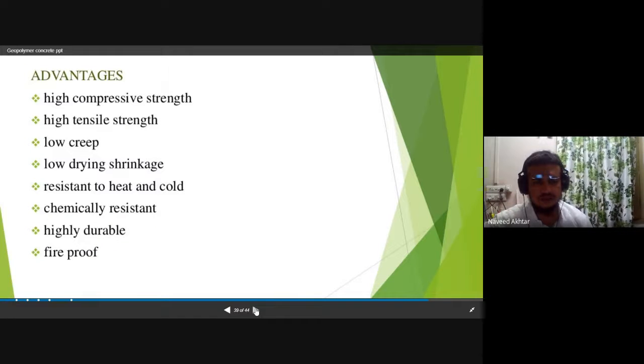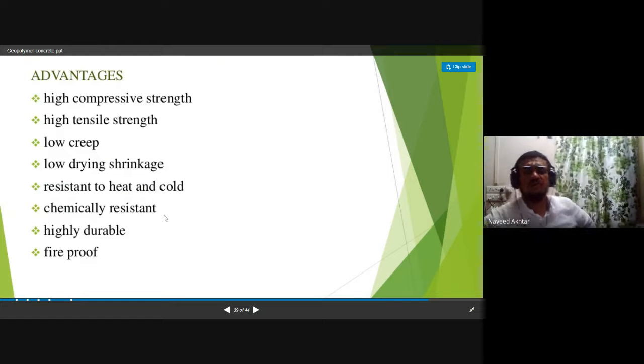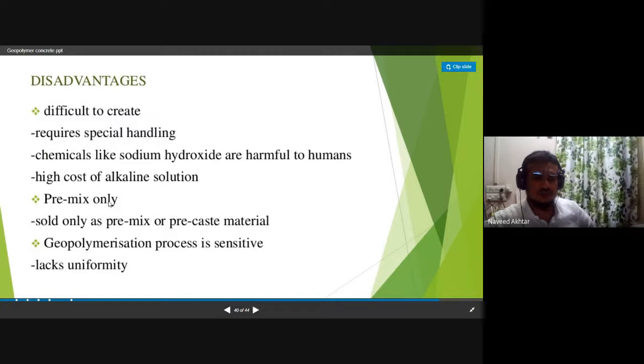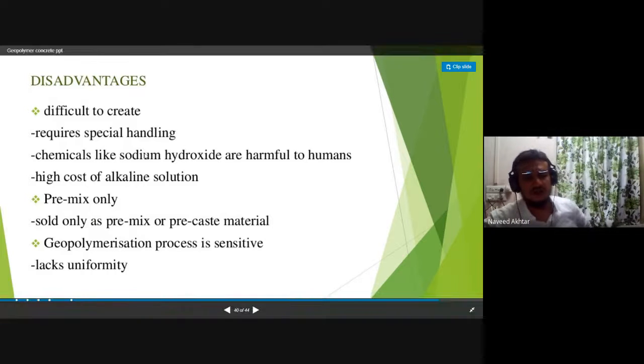The advantages of GPC: high compressive strength, high tensile strength, low creep, low drying shrinkage, resistant to heat and cold, chemical resistant. We just have seen with sulfuric acid it is highly durable, and it is also fireproof to some extent. It is difficult to create or requires special handling because sodium hydroxide and sodium silicate are both harmful for humans.